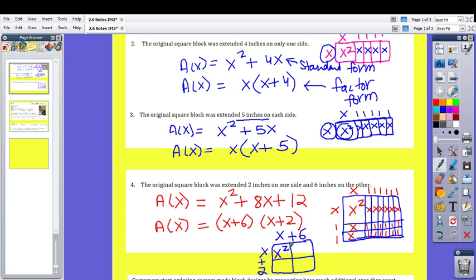So this will be x squared, and then plus 6x, and then x times 2, so 2x, and then 2 times 6, so 12. You combine these together, so it will become x squared, 6 and 2, 8x, and then 12. So either area model or making the box and figuring it out, either way is fine.